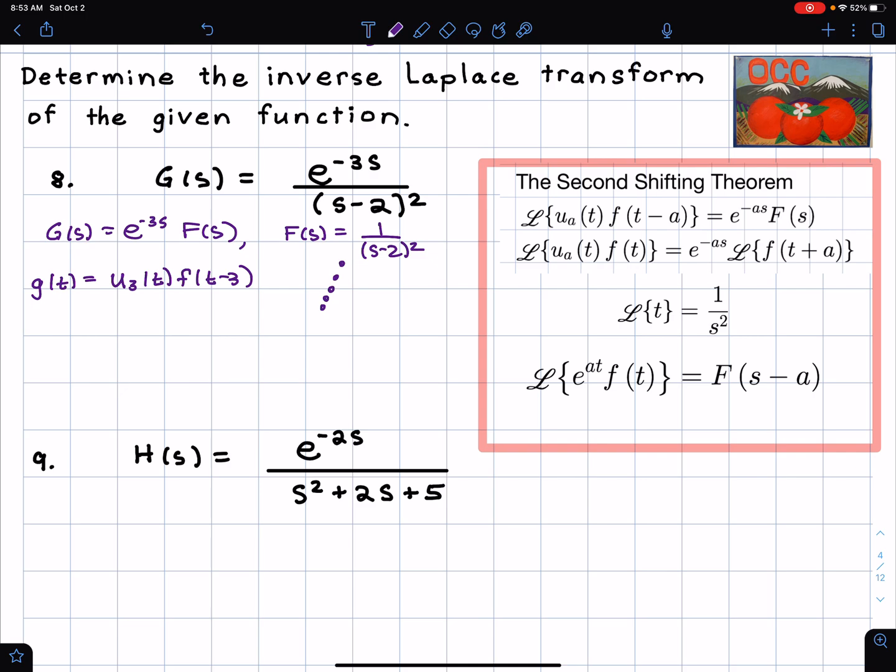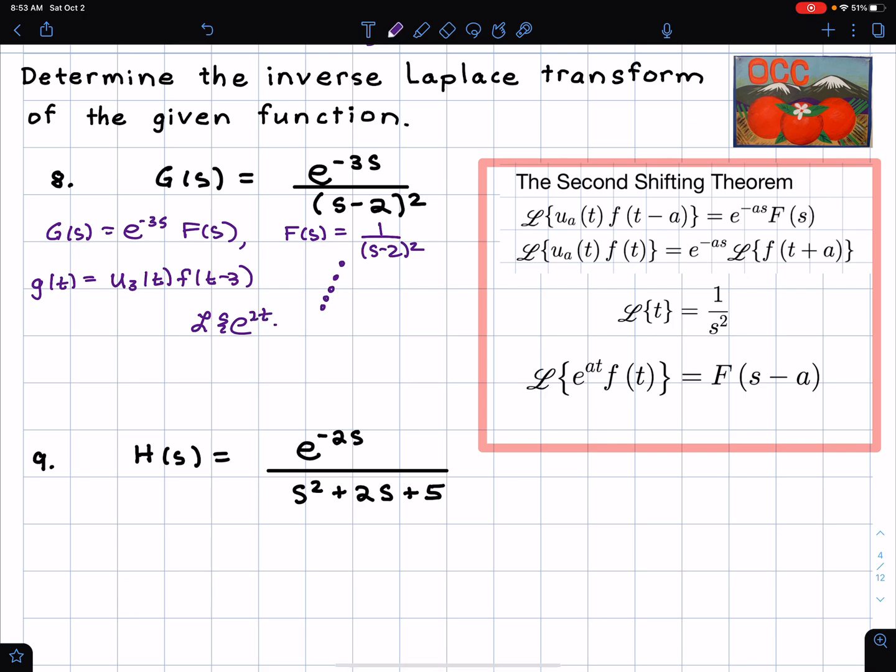So now I'm going to focus on this shift. I have s minus 2. All right, now how do I end up with a shift over here in the s domain? How do I get that? Well, the Laplace transform of e to the at times a function is the shift of the Laplace transform. So in this case, a is 2, so I have e to the 2t.